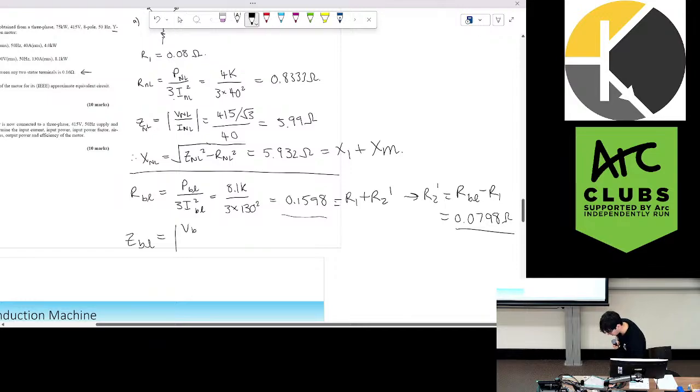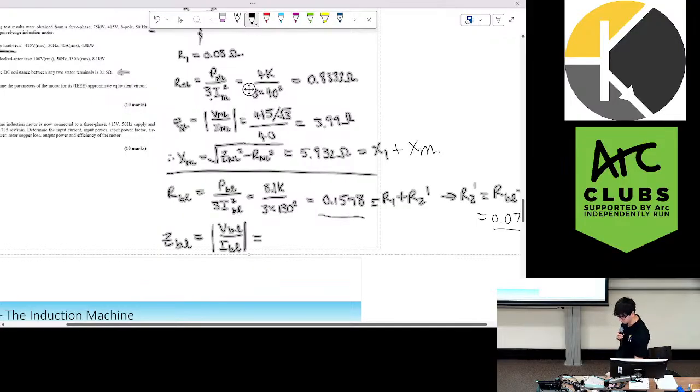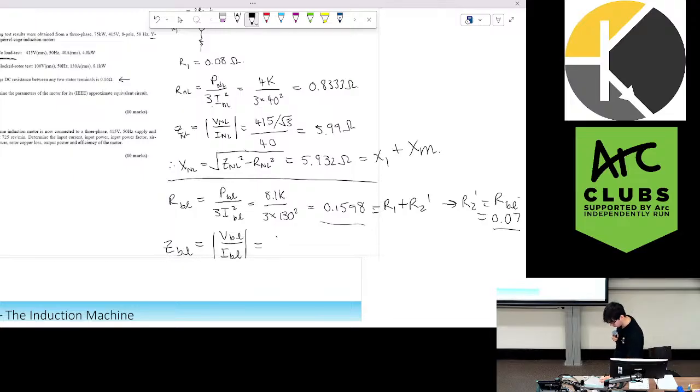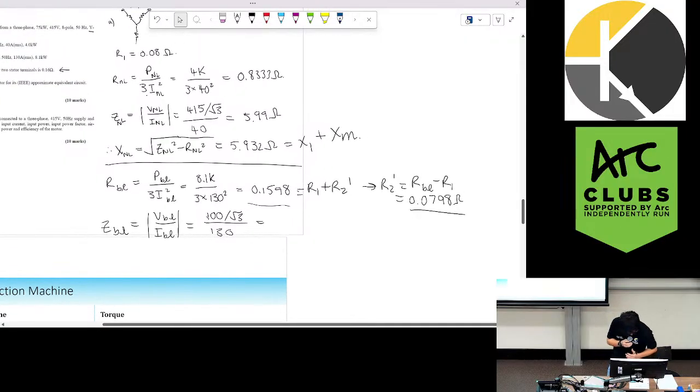Again, this is voltage over current. Voltage needs to be in phase, so we're going to do 100 divided by √3. And our current is going to be 130. So this gives us a value of 0.444.